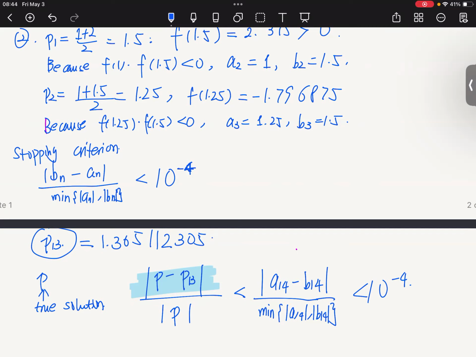When the stopping criterion is satisfied, this criterion is smaller than 10⁻⁴, and then we can stop the iteration and know that the relative error of the solution is smaller than that. Does it make sense?